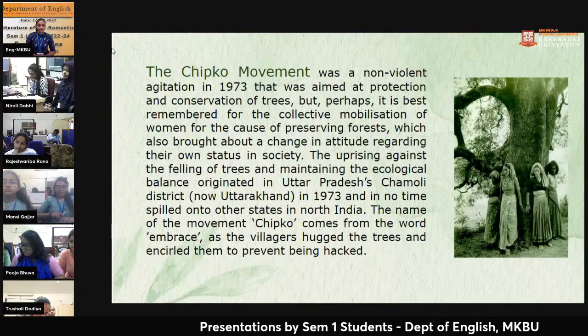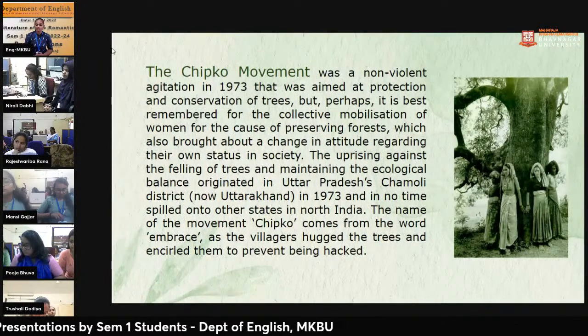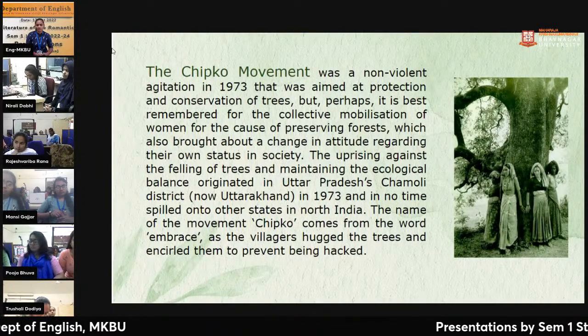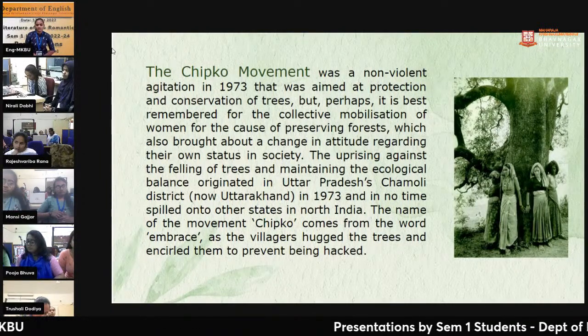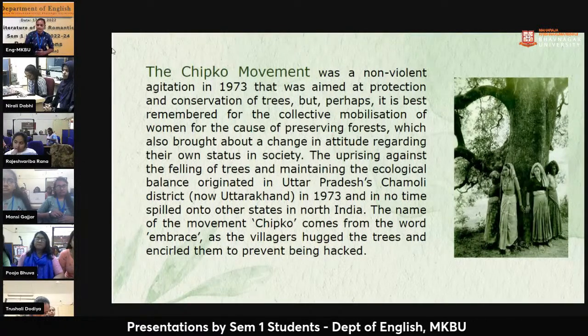And this happened in Uttarakhand in 1973. It's not very old, it didn't happen in a very old era. It's just, we can say, 50 to 55 years ago.